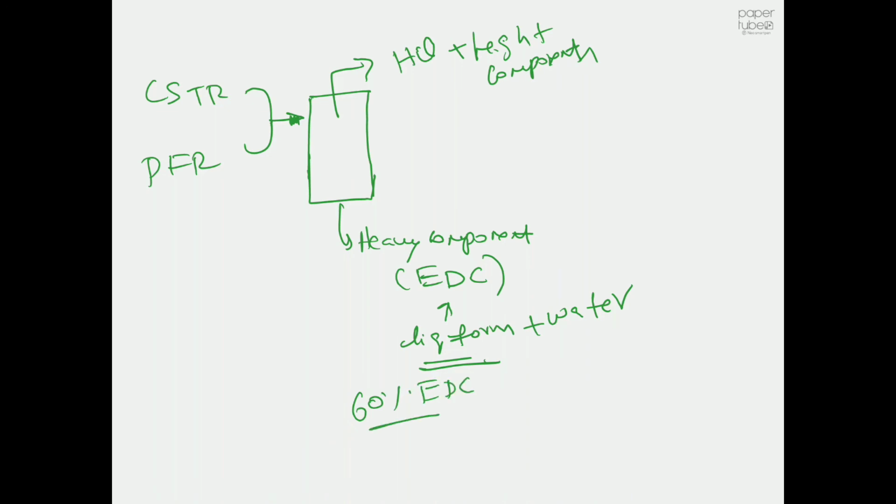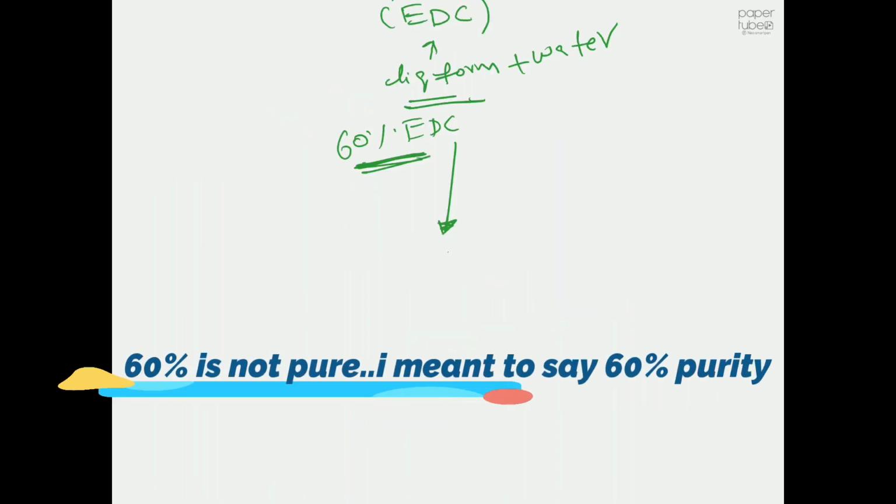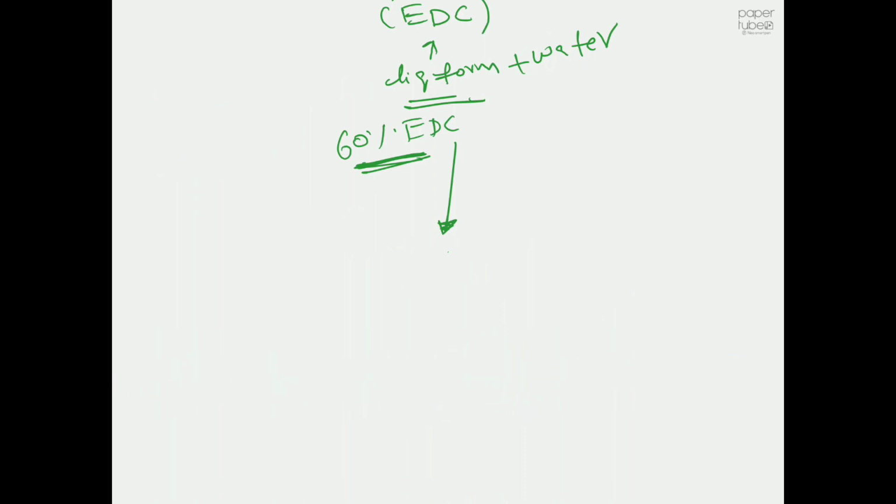We will check that later using Aspen HYSYS. Whatever comes out from here, we will take this product, the 60% pure ethylene dichloride, and I'm going to use a liquid extractor.